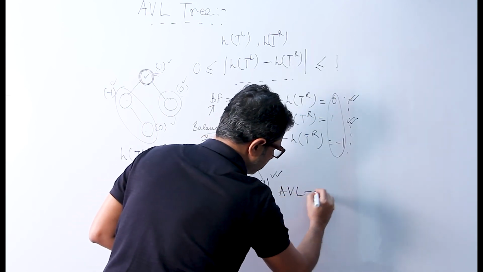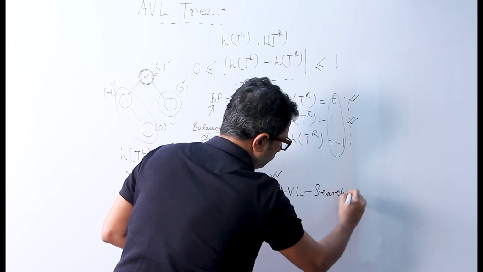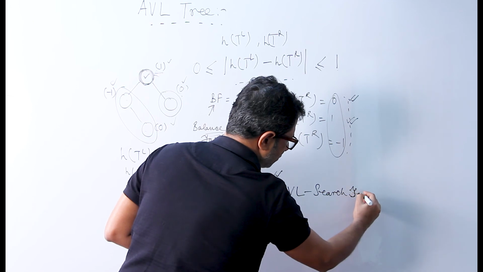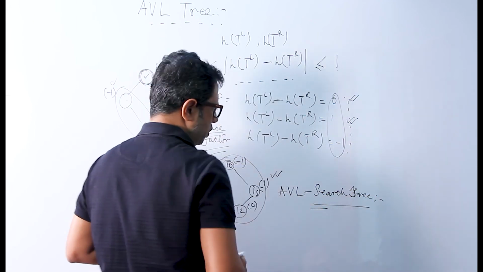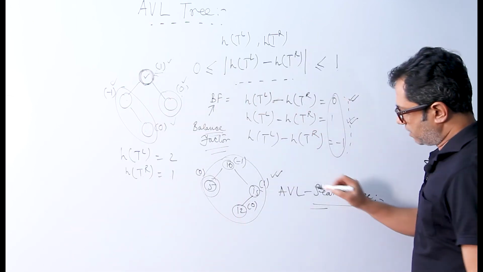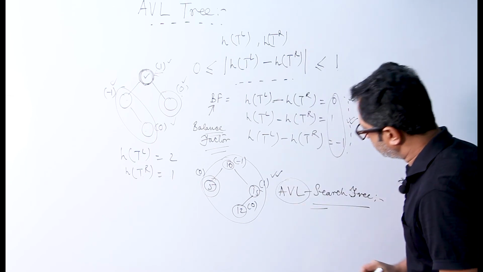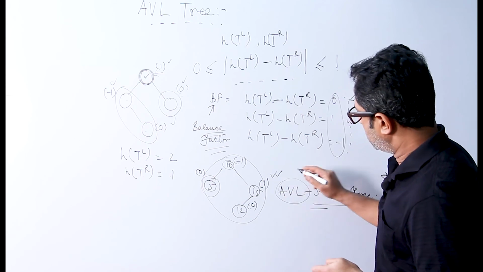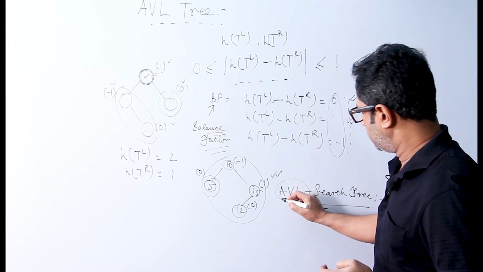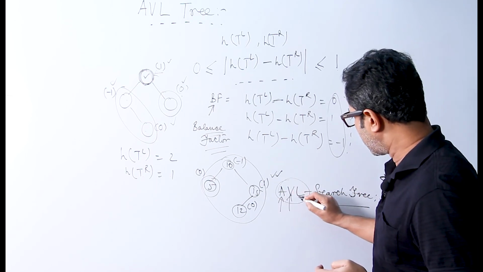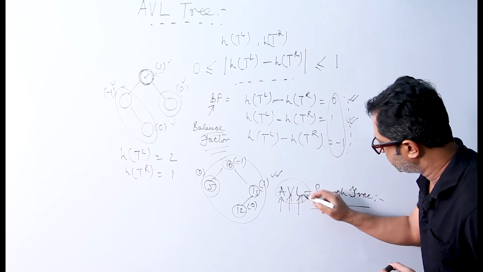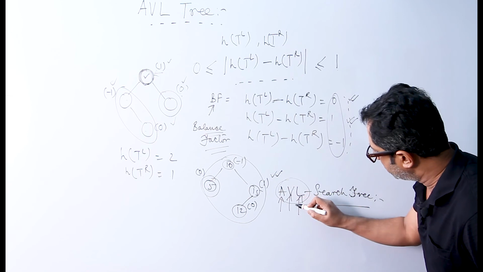So, AVL search tree. One point which I should have mentioned before, I will just mention now. Sorry for not mentioning it before. AVL tree is named after the three great men who discovered this concept in data structures. AVL is an acronym for the names of the three men who discovered this tree, that is Adelson, Velsky and Landis.